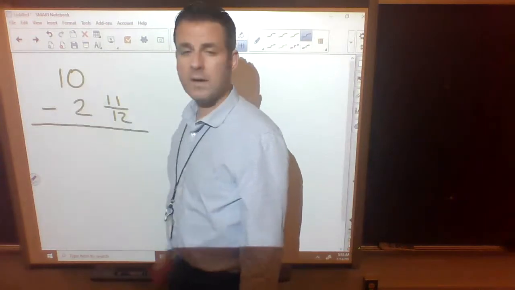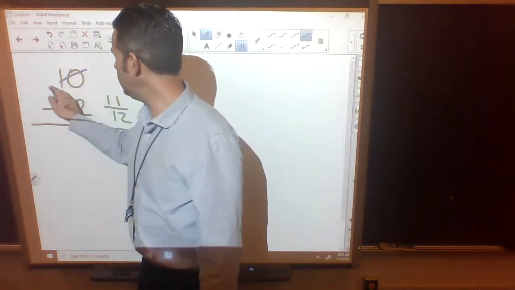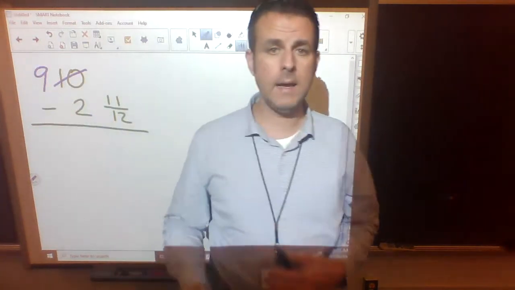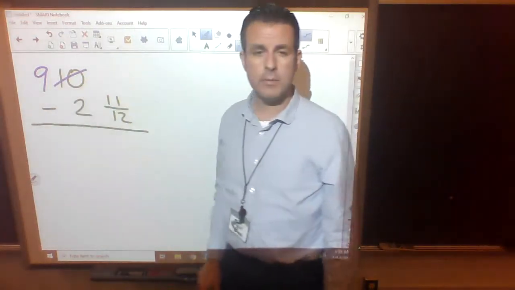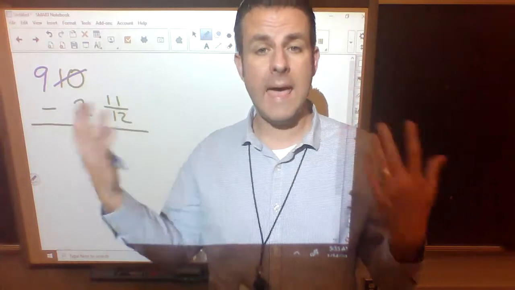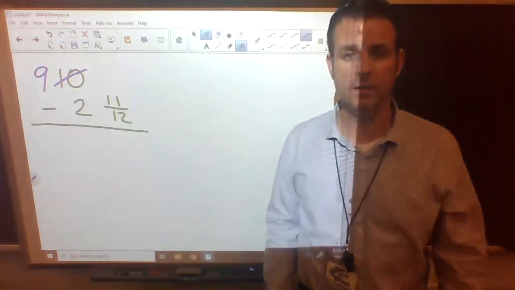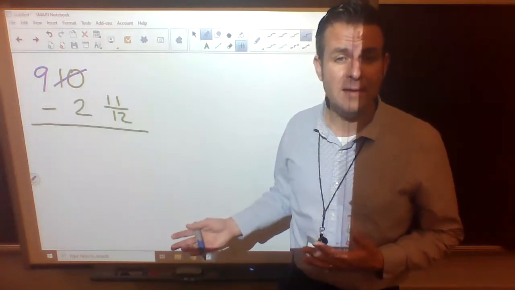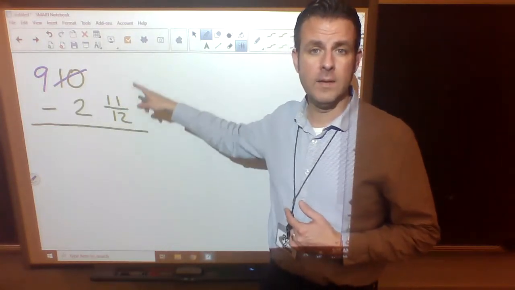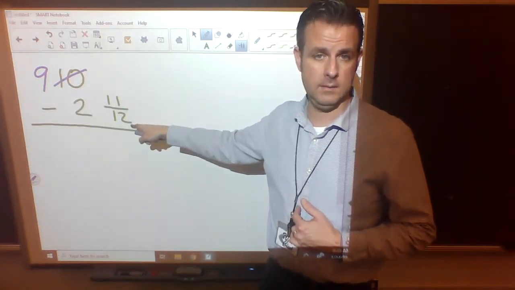So we go over to our 10 wholes, and we're going to take a whole pie away. We're going to bring this whole pie over and put it here, but we're not going to put 1. We have to turn it into a fraction. What's our fraction? Well, this is where it's a little bit different because there's not a number there. We have to come down here.